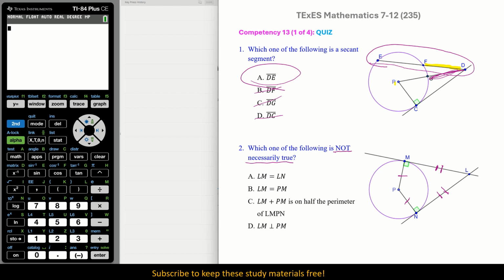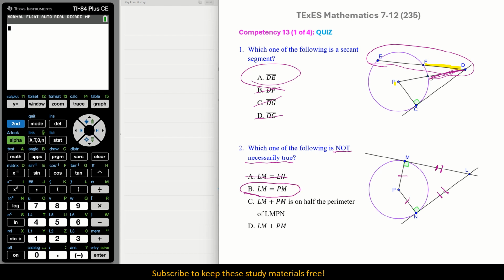So that will eliminate A, because it says not necessarily true. Once we mark these, you can visualize it. LM and PM, I have marked where they're not congruent. If we squish the lines down, we could force them to be congruent, but not necessarily. So I'm going to go with B in this situation.